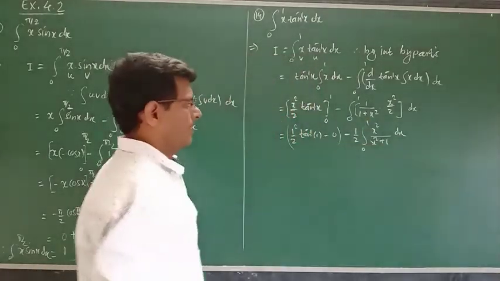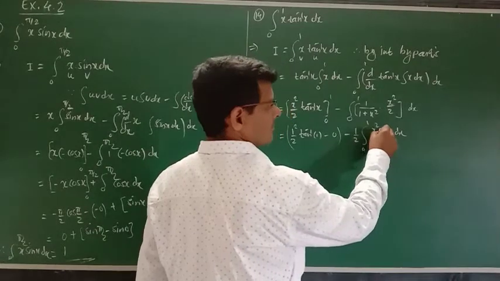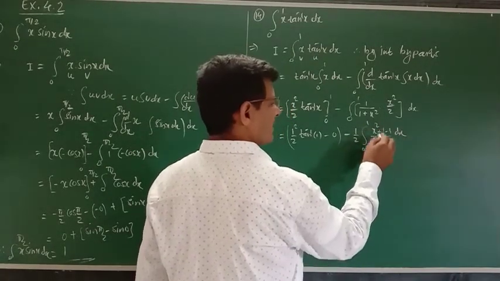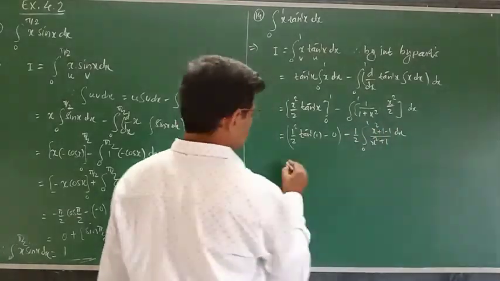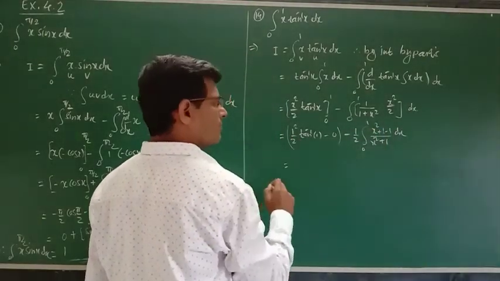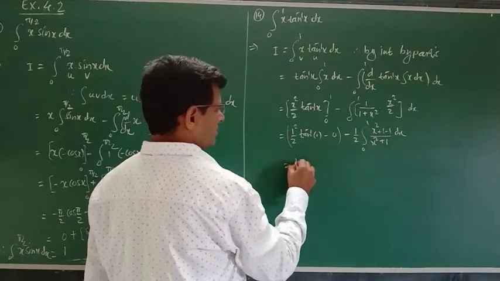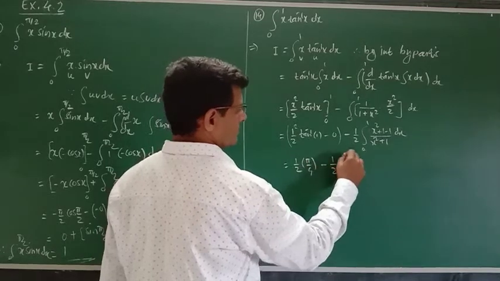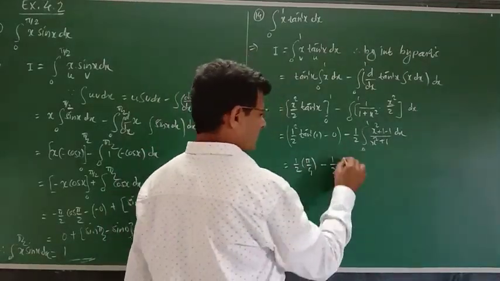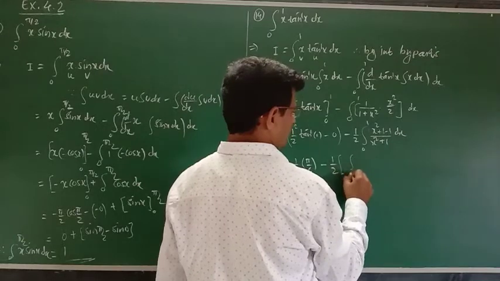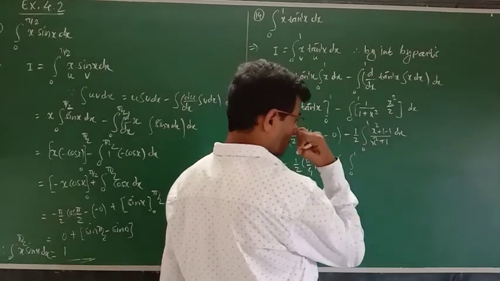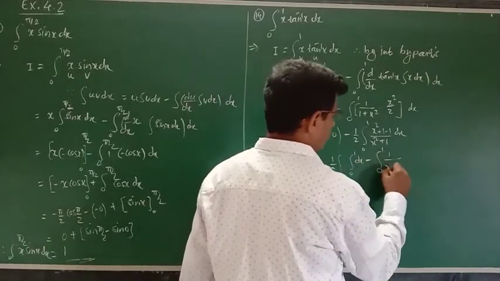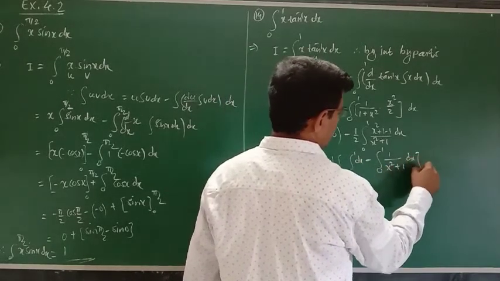and 0 to 1. Now I add 1 and subtract 1 here, so by dividing separately x square plus 1 to the numerator. So what is the value of this first term? It is coming 1 half into pi by 4 minus 1 half, and by separately dividing two integrals we get here 0 to 1 integration of dx minus 0 to 1 integration of 1 upon x square plus 1 dx.